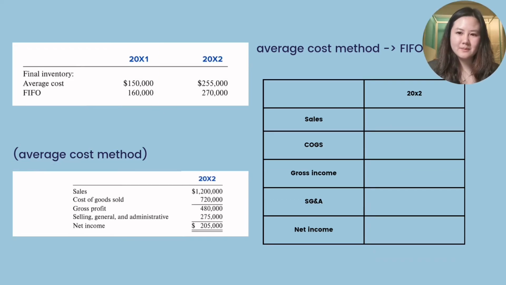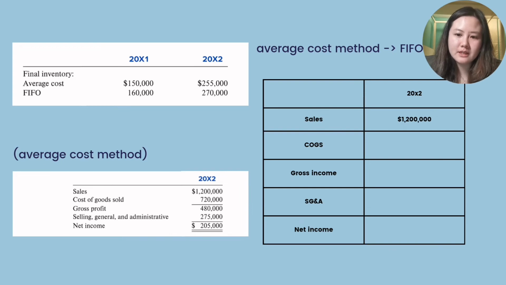Now to fill in the income statement for 20X2, again we know that the sales will be the same regardless of the inventory accounting method, so that means the sales for 20X2 is $1.2 million. To solve for COGS in 20X2, we have to first account for the adjustment made in the inventory from the previous year. Previously, we solved this to be $10,000.